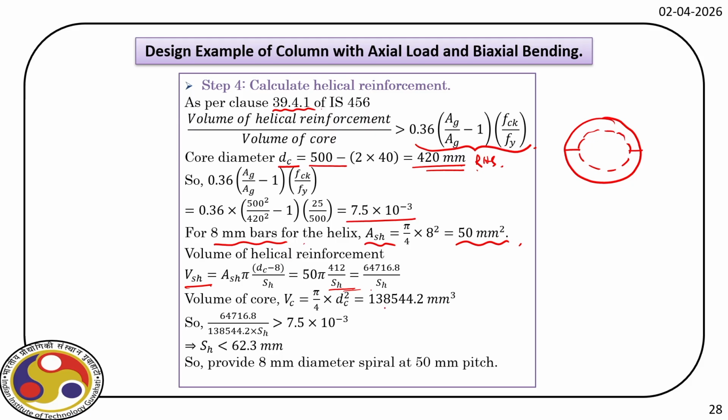So volume of the core, pi by 4 Dc squared, we have already obtained here. So this is Dc. Then from this expression we can find out the value of Sh, which is 62.3 millimeters. So we provide 8 phi bar as the spiral reinforcement with a pitch value Sh of 50 millimeter.